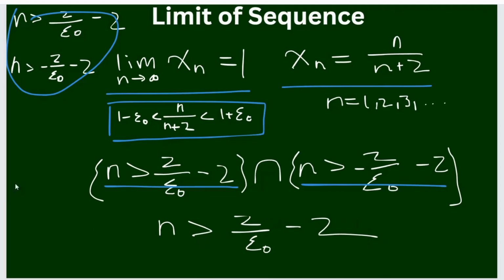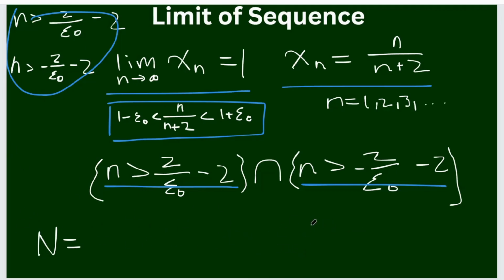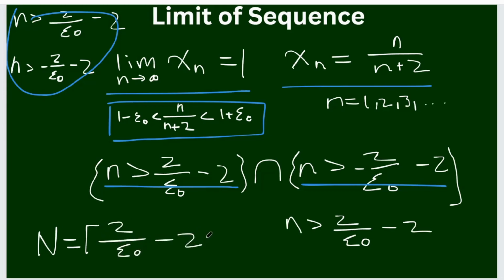So if we know this, what is n equal to? Well, remember, n is greater than 2 over epsilon 0 minus 2, so capital N is equal to the ceiling of 2 over epsilon 0 minus 2.